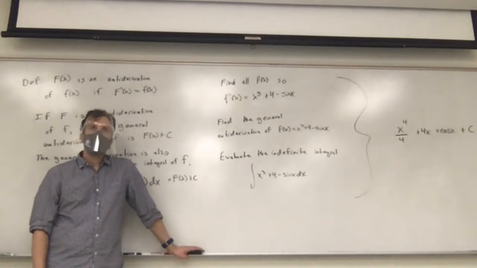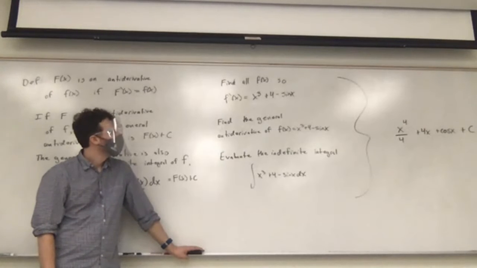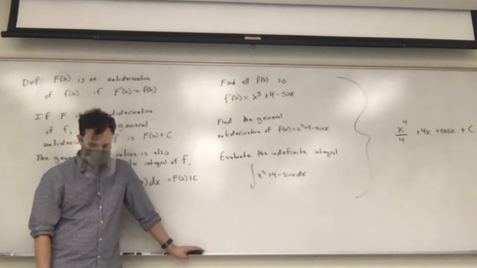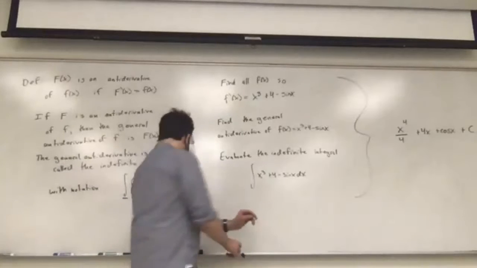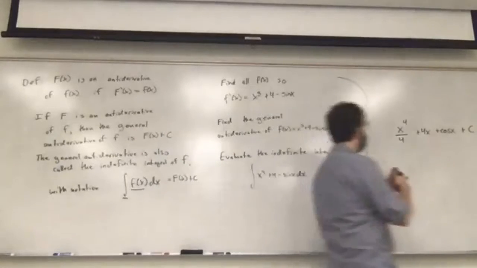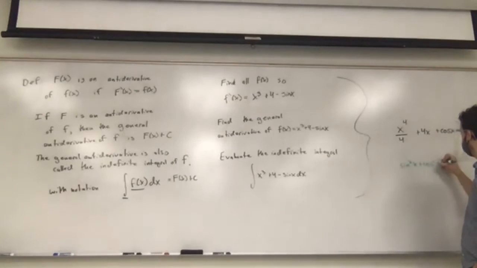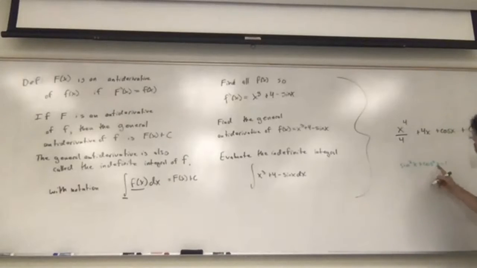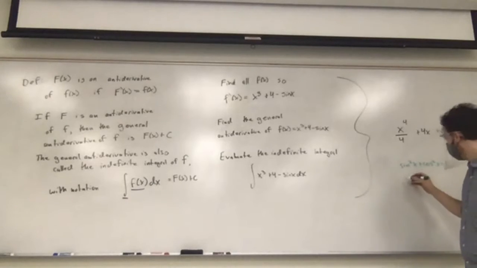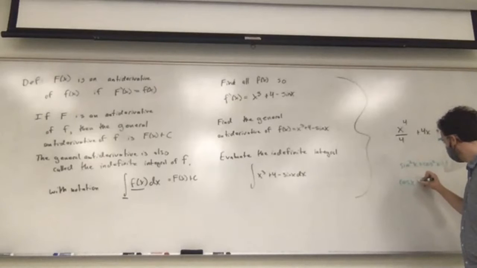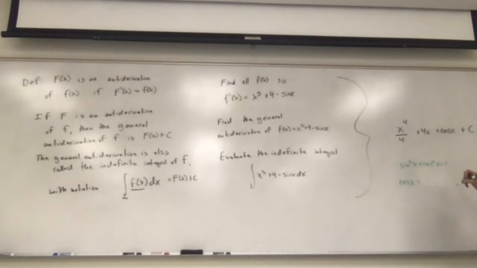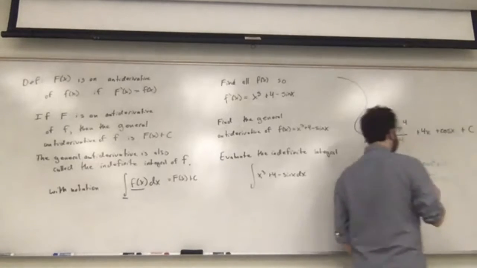So there are some of these trig identities. There's one that sine squared plus cosine squared equals 1, and you could solve this for cosine, and it'd be cosine is the square root of 1 minus sine squared.